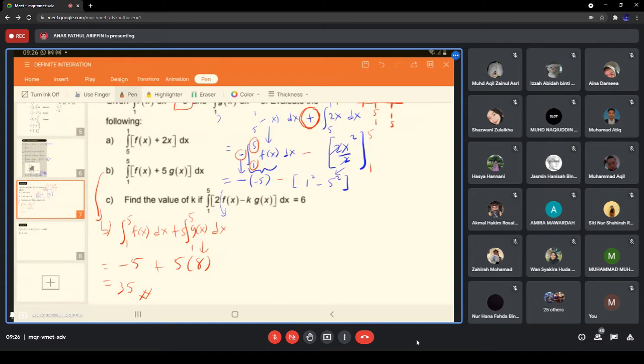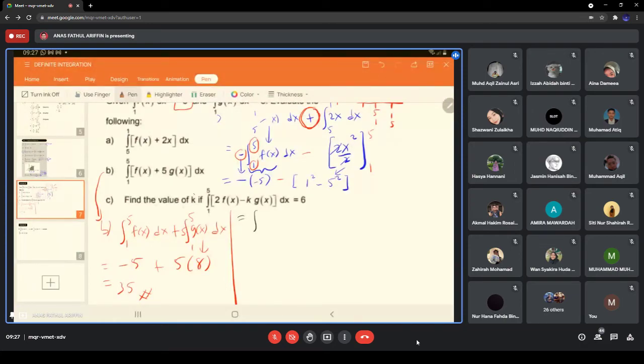Next we look at our example C. First step kita buat apa tadi? Kita splitkan dulu. Kita pisahkan. So we have integration.